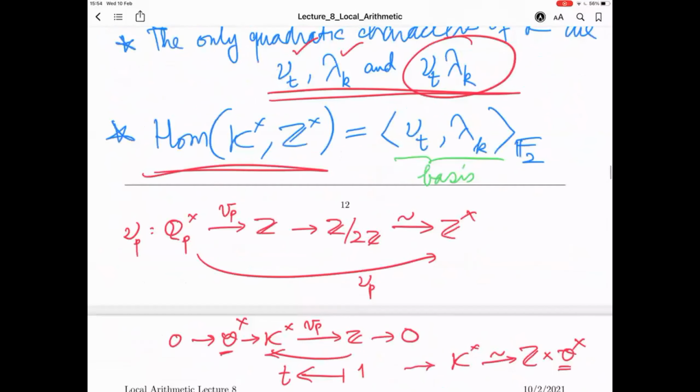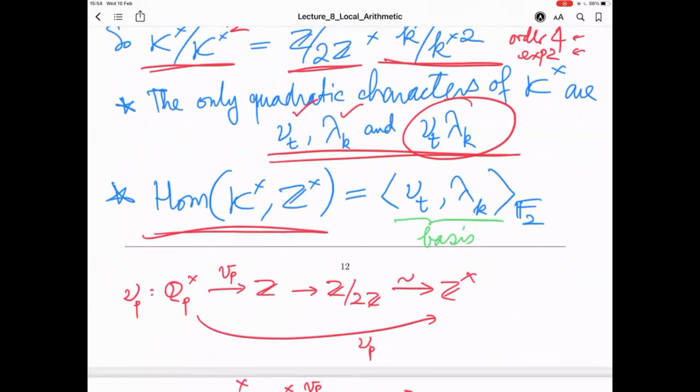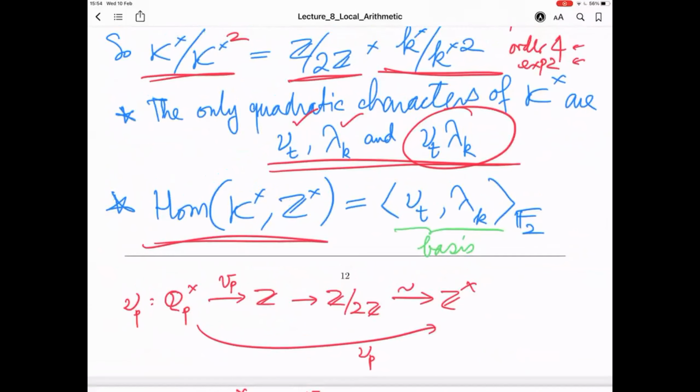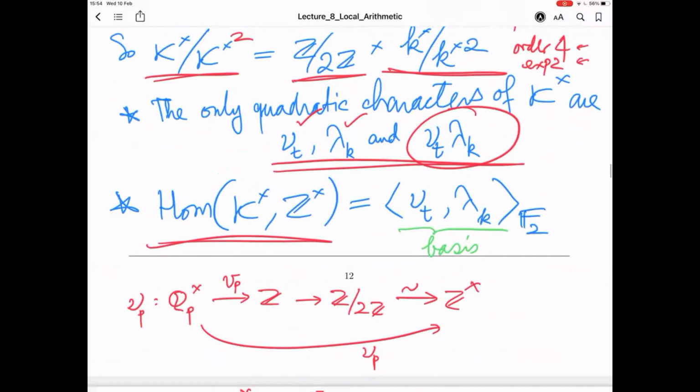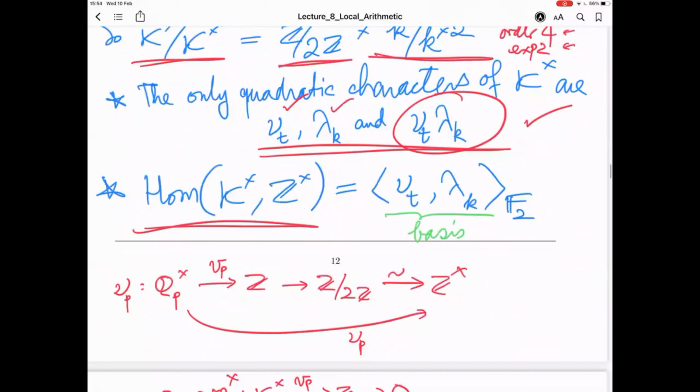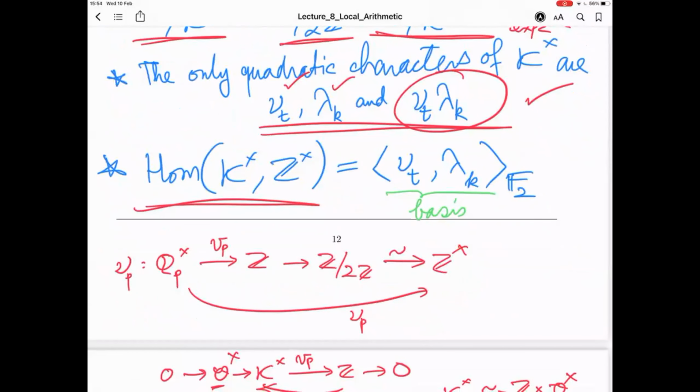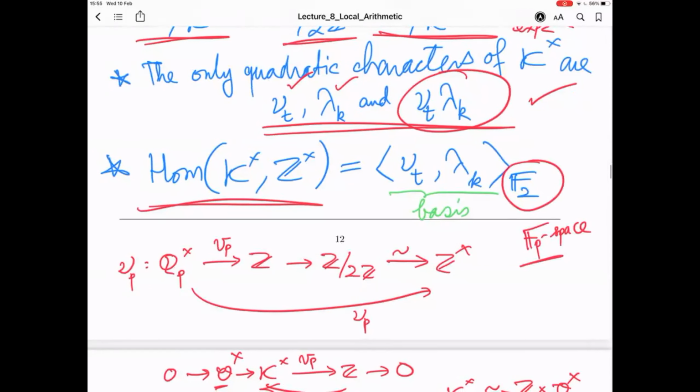Where were we? I was saying that this K has only 3 quadratic characters, and these are the ones. And this group, Hom(K star, Z star), it's actually an F2 space. An F2 space or an Fp space just means that it's a commutative group which is killed by p, a vector space over the field Fp. Similarly, this group here is a vector space over the field F2.